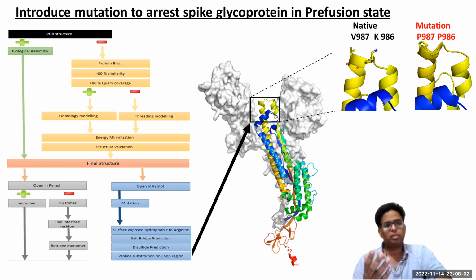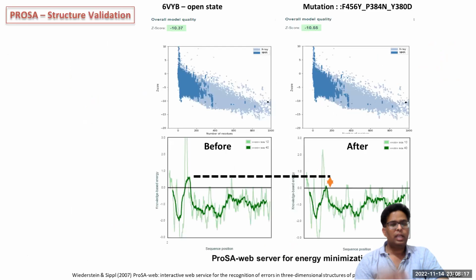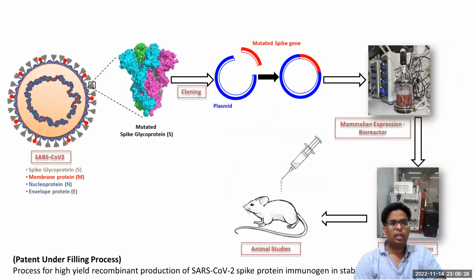So these are the different energy-based approaches you go through: homology modeling, some threading, some energy minimization, such types of things. This is the flowchart, along with structure validation before and after, checking that the energy minimization and such steps help overcome the problem. And ultimately, this is my last slide.